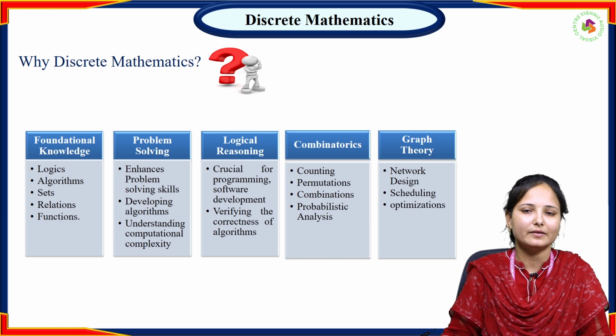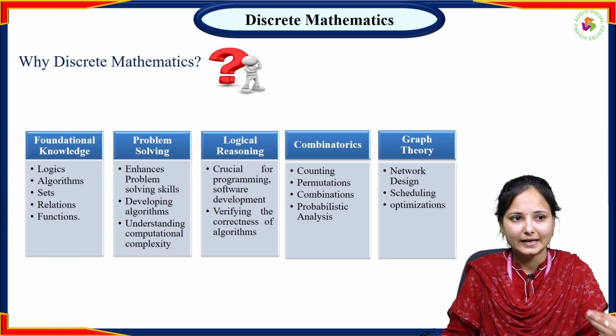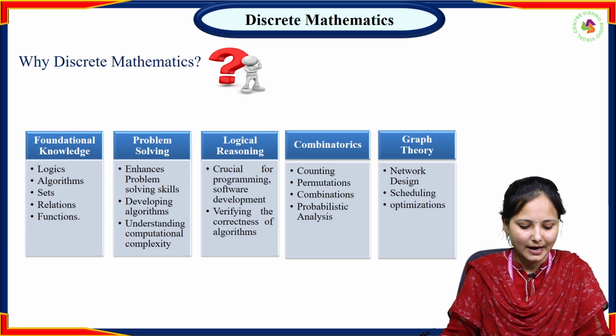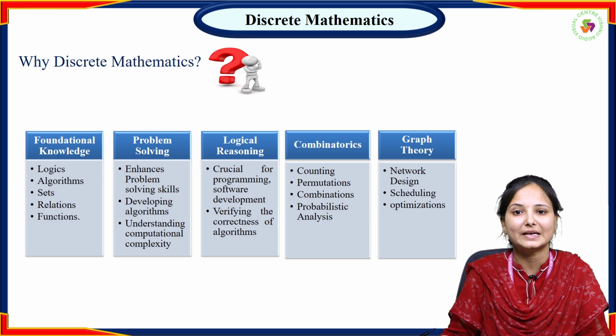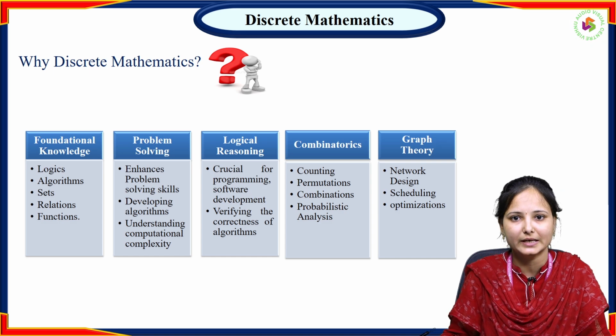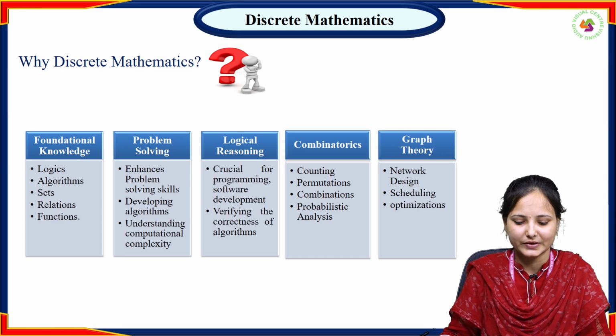All these things give us basic fundamental knowledge and problem solving skills. It enhances our problem solving skills for developing algorithms and for understanding the complexities of the computations we are performing. And it is also useful for logical reasoning.